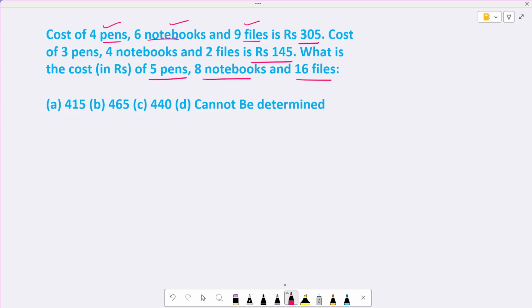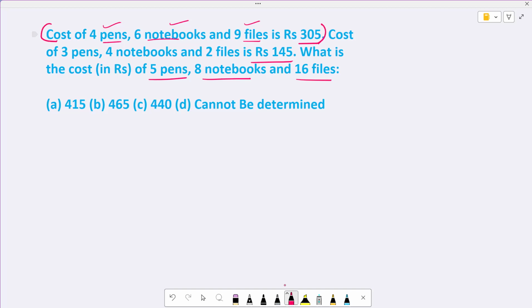When we have 3 variables, we need at least 3 equations in order to find the value of all 3 variables. When there are only 2 equations and we have 3 variables, we cannot find the value of all the variables. Therefore, this question gives us only 2 equations.